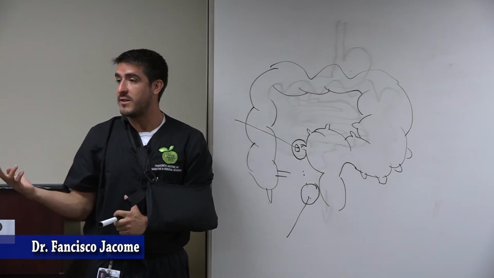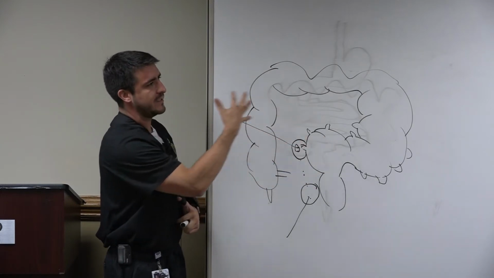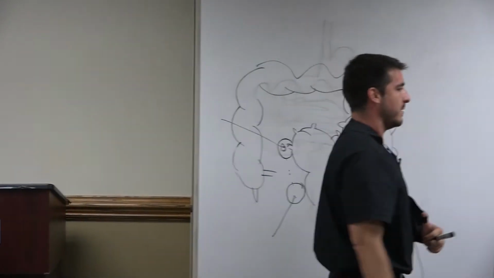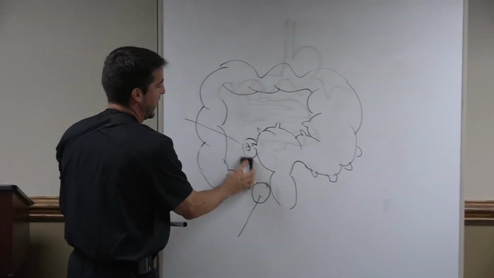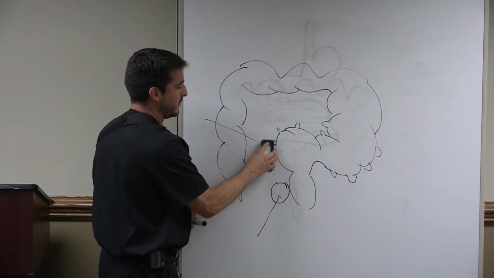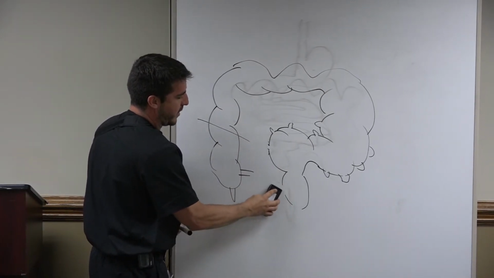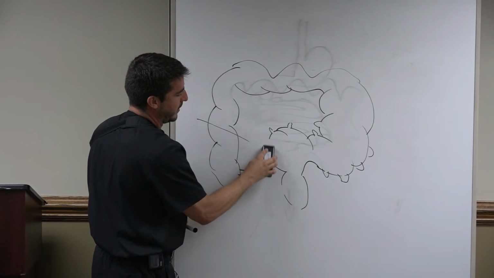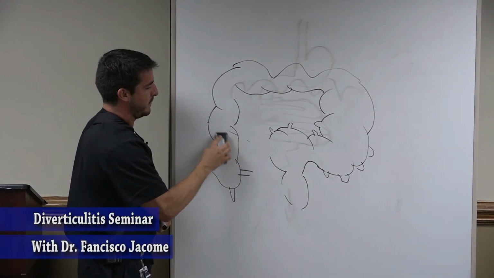The other way diverticulitis can be treated is, let's say the patient didn't present with an abscess, but has a lot of air throughout the entire area, and on top of having air, has a bad infection. At that point, it means that the perforation probably is big enough that it actually leaked a lot of stool in there.